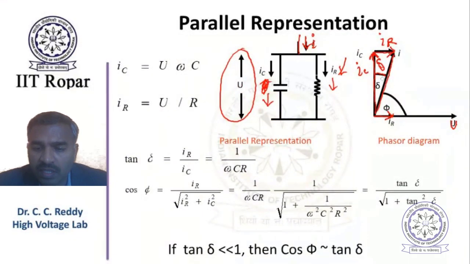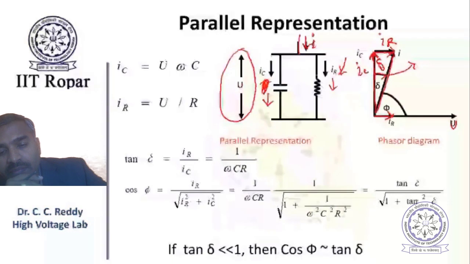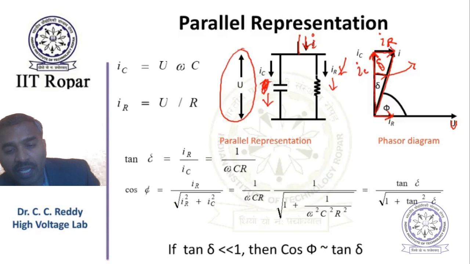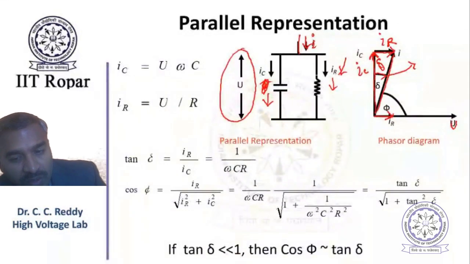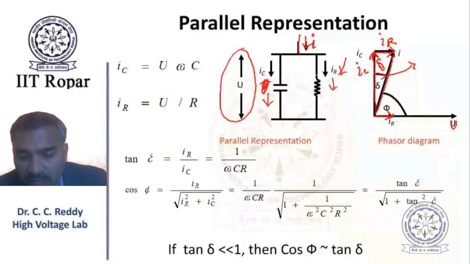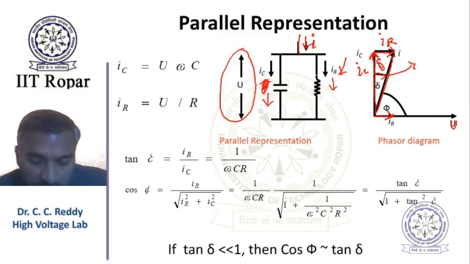So what does this represent? Suppose delta equals 0. Can you comment about loss? Loss is 0, no losses. So as delta increases, loss increases. It represents the ratio of the resistive portion of the current to the capacitive portion of the current.